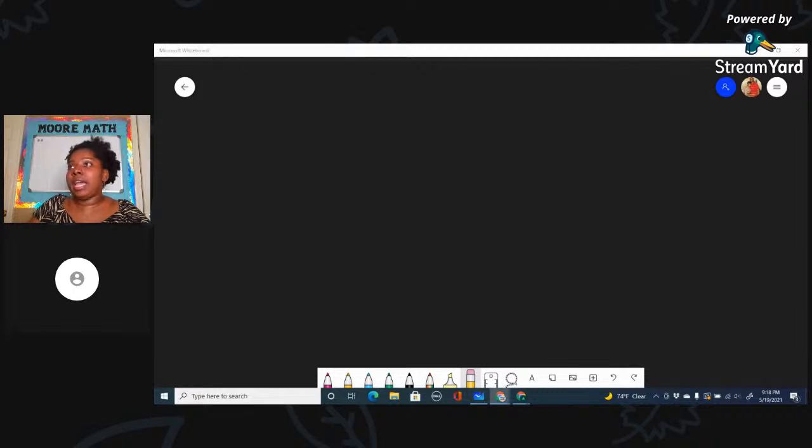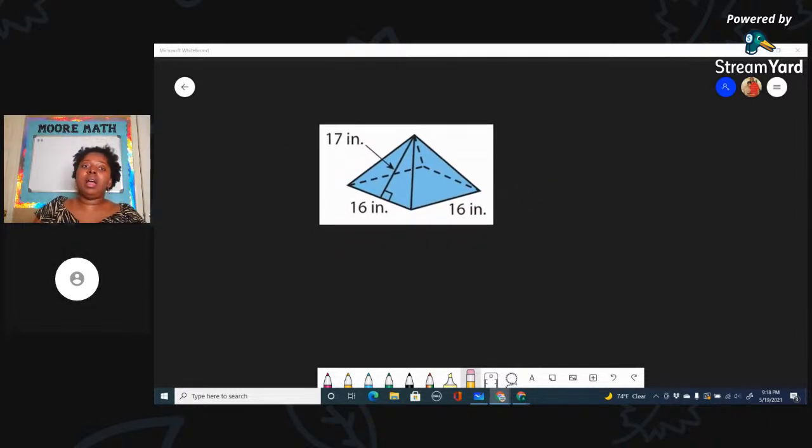So you're just taking the area, and the pyramid has what kind of sides? What shape? Triangles. Yep, good. Okay, so I want you to take this, and again, it has a square base. We can see that all the sides of that square are 16.